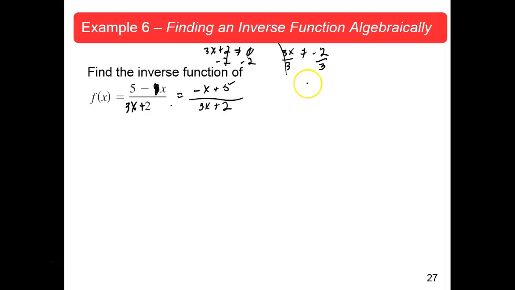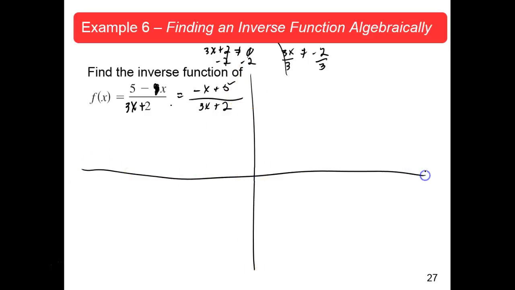Okay. So what we're going to do is draw the graph of this. I'm going to tick off a few points. Not very evenly spaced, are they? Okay. Negative 2/3 is right about there. x cannot equal negative 2/3.